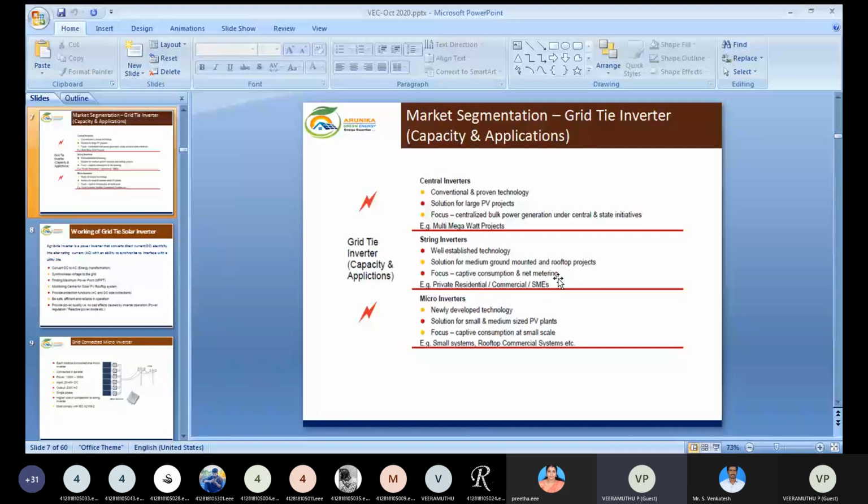Micro inverters are installed under the panel, so each panel has one micro inverter. Here there are no losses, because the inverter is under the solar PV modules, so it converts DC directly into AC. The AC outputs are combined together, and then the output is connected with the grid. That is called micro inverters.